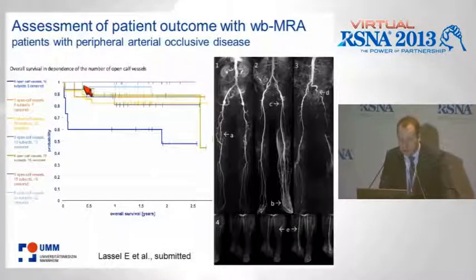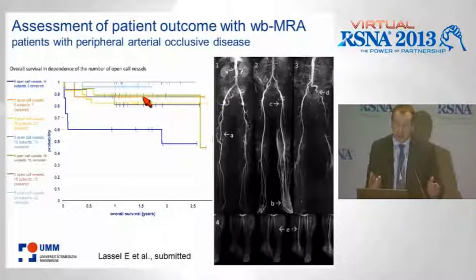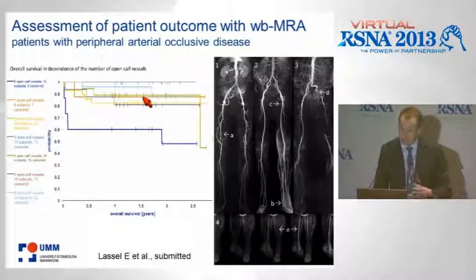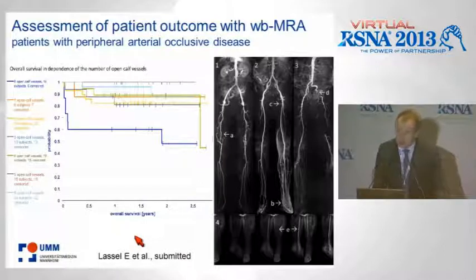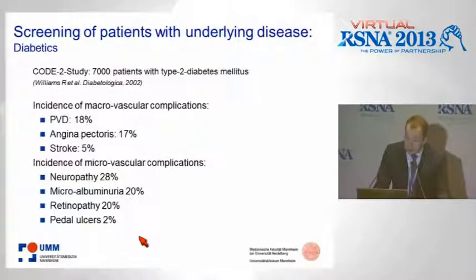And you could see this. If there were 0 open calf vessels, the mortality is higher than in cancer patients. But even if you have an incremental increase in the number of patent vessels, it still separates those patients. And this, I think, is quite an enormous thing that we can look into survival based on those quantitative measures.